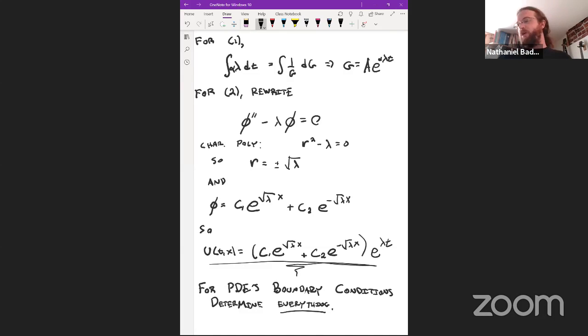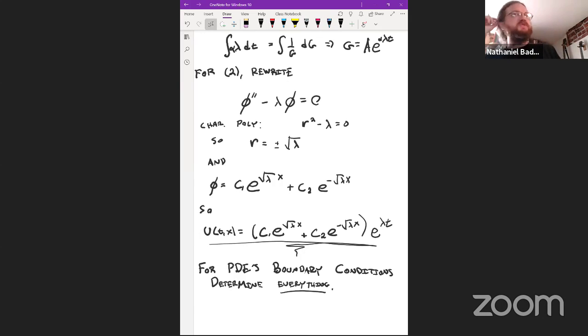The boundary conditions determine everything. This was true before. We already started to see with the heat equation, if you remember at the end of the last lesson on heat, when we were deriving all that thermal resistance stuff, we were starting with a very simple, linear equation. The boundary conditions were giving us all kinds of interesting, non-trivial results.